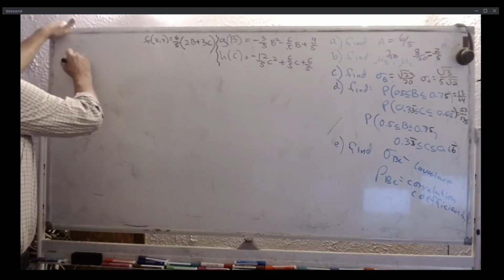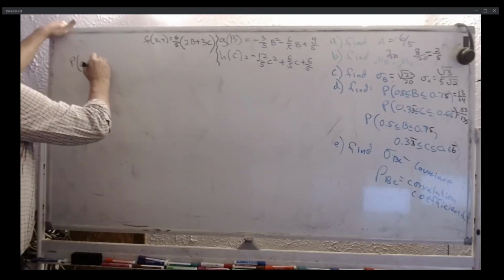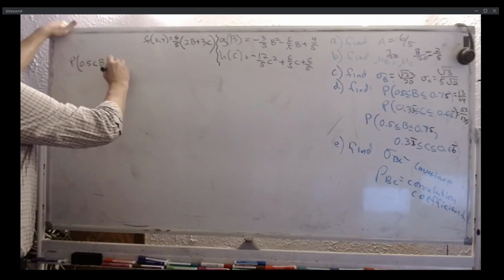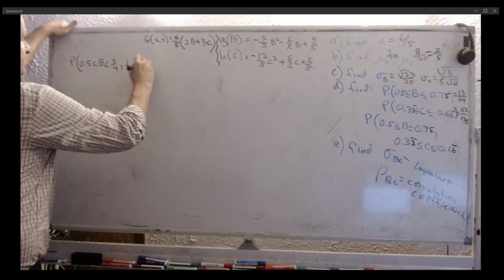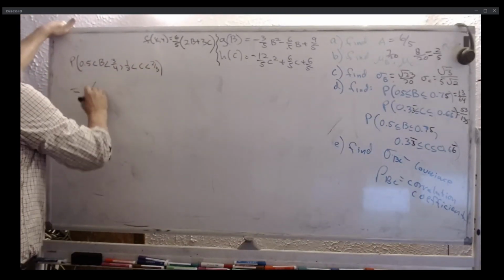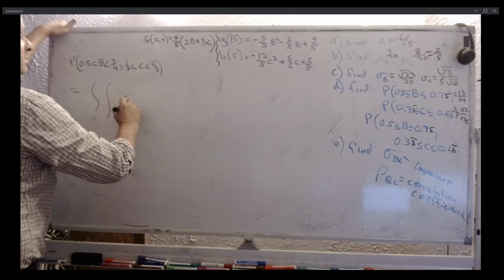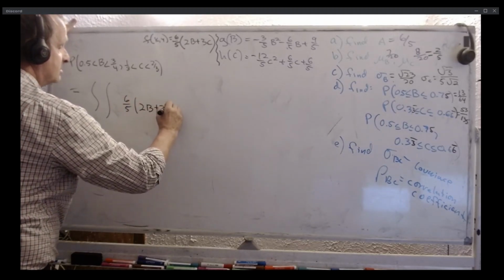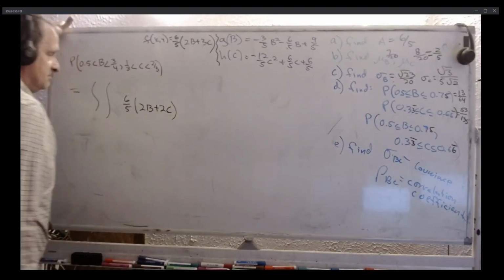Okay, probability that 0.5 is less than B, less than 3/4, comma, I'm just going to write it in fractions, guys. Okay, I'll spot you the double integral, okay? I'll even spot you the function we are integrating. Do we write dc dB or dB dc?